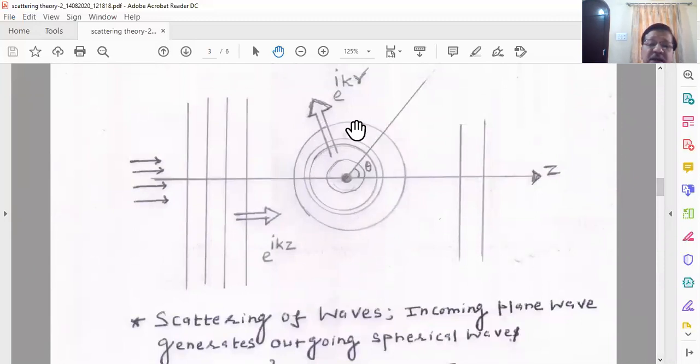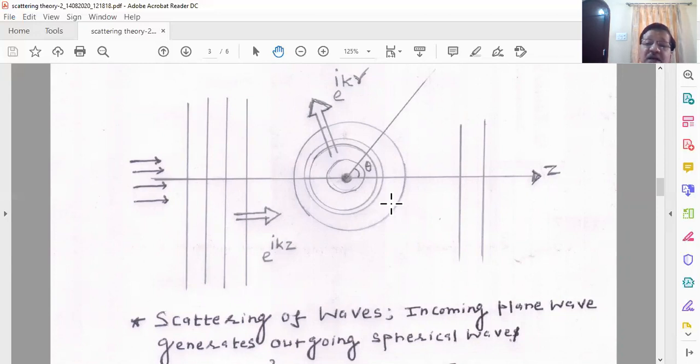These spherical waves are diverging and moving in a radially outward direction, and there are different types of them. The first spherical wave is considered as the S wave, which represents orbital angular momentum L equal to 0. Then you have L equal to 1, L equal to 2.